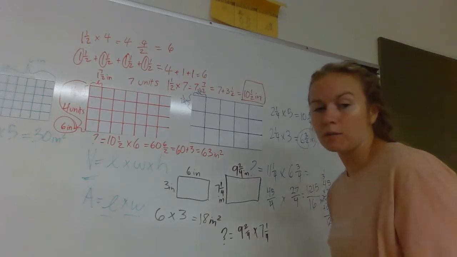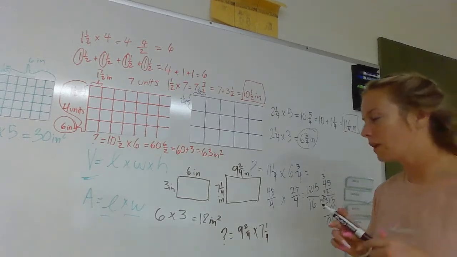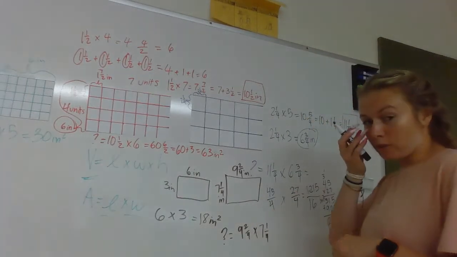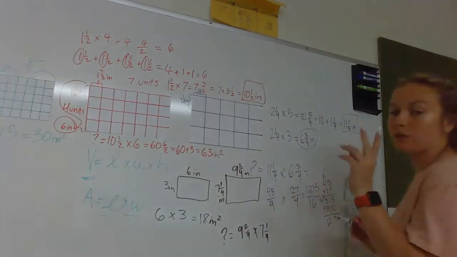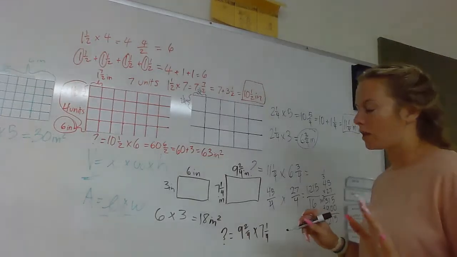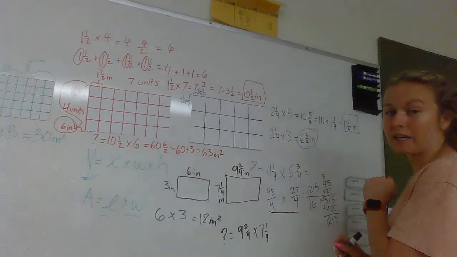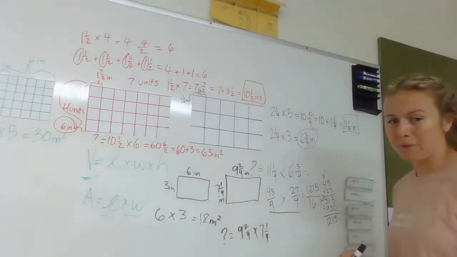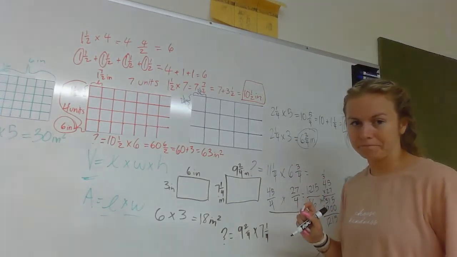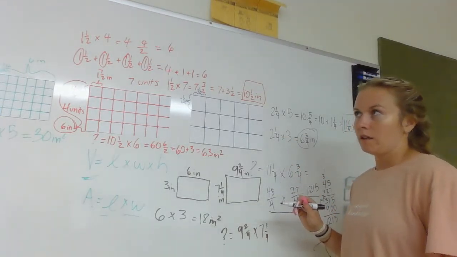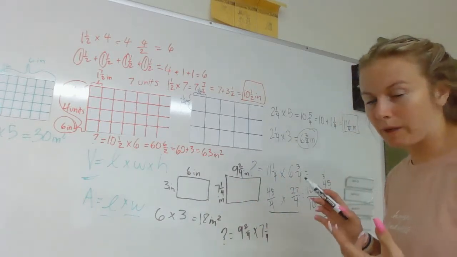So now I'm going to multiply these. But because it's a little bit difficult to do it this way, I've got to make sure that I can do it one of two ways. One way, we put them into improper fractions like we did previously. The other way is we can actually split it up, meaning we can do an area model to help us.